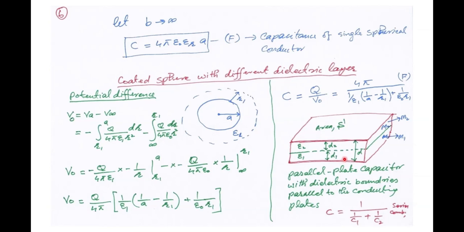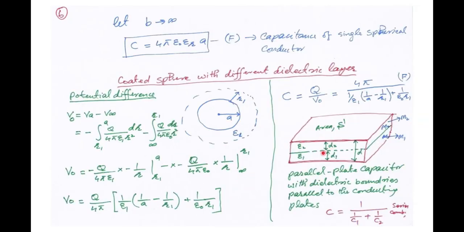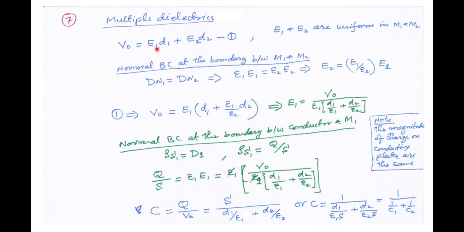As I told you, in this case the potential is different. So for multiple dielectrics, especially in this case, the potential is equal to E1 times d1 plus E2 times d2. Let us denote this relation by 1.